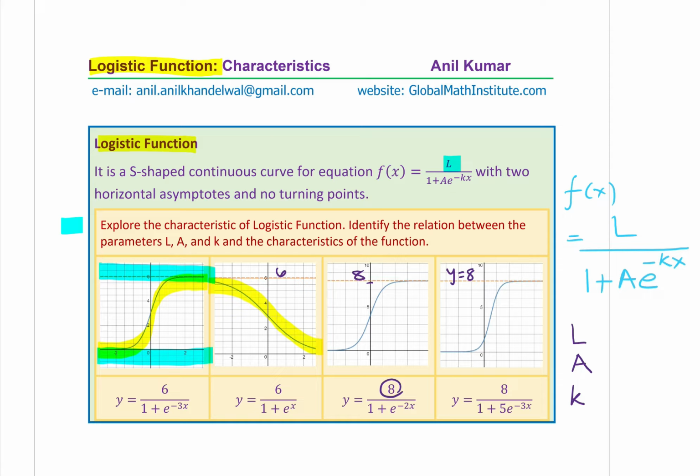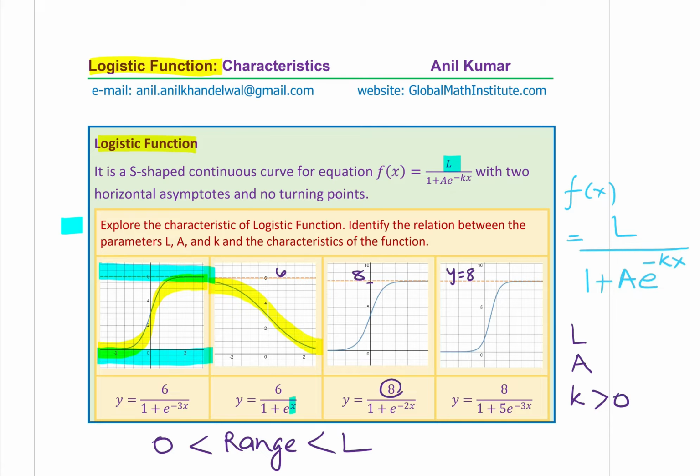So basically we can say from here that the range of the function is between 0 and the value of L, correct? So one thing we could figure out is that the range of this particular function is between 0 and L.